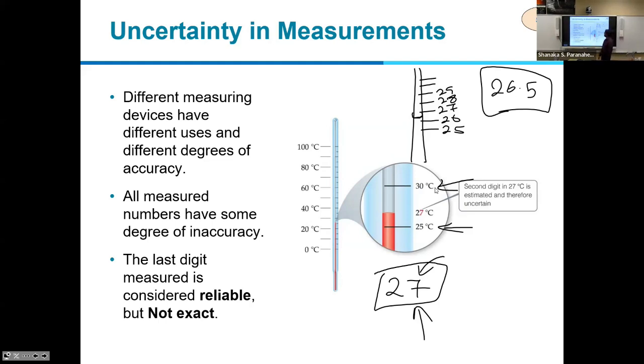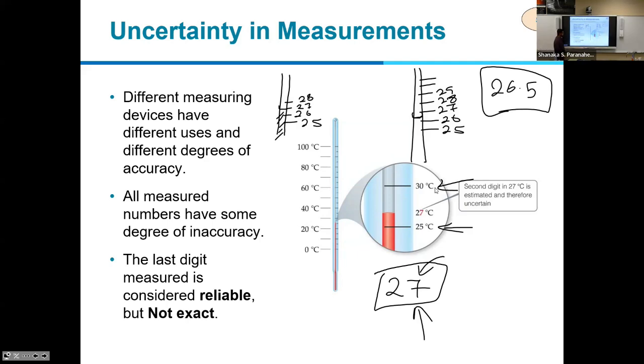Okay, so let me give you another practice one. Let's say we are going to use the same thermometer, 25, 26, 27, 28. This time the temperature is going to be like this. What is the value we are going to record as the temperature? What is the value? 27?